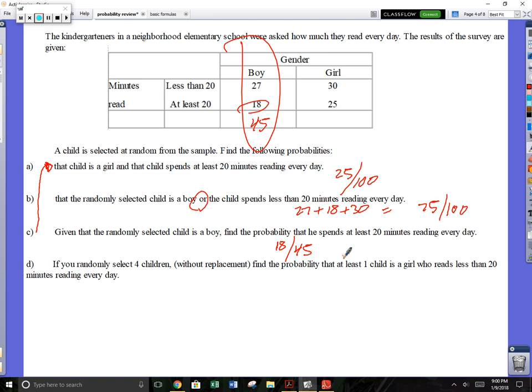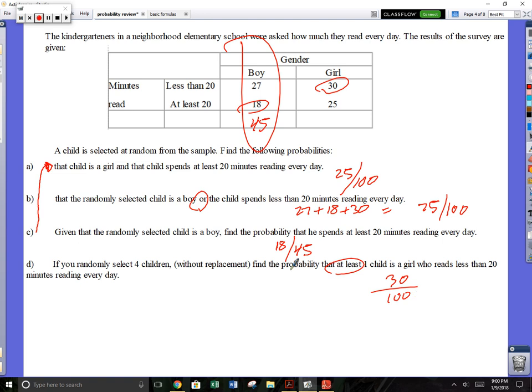Okay, D. If you randomly select 4 kids without replacement, so you grab them, set them aside, what's the chance that at least one kid is a girl who reads less than 20 minutes? So less than 20, these guys right here, those are your winners. 30 out of the 100.